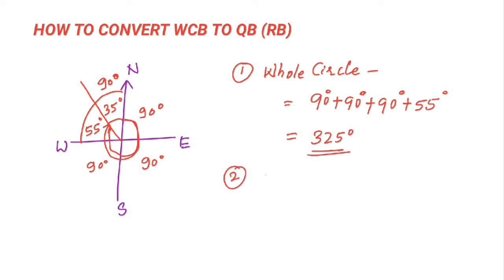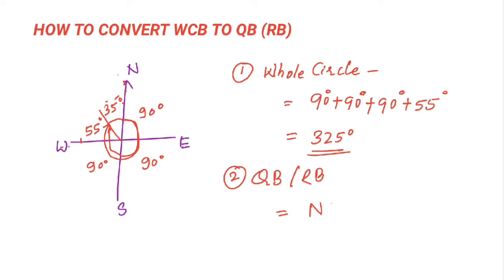Whereas second one, the quadrantal bearing system or the reduced bearing system, it will be written as I said, with respect to north and south we need to consider. That means in the quadrantal bearing system we will be writing north, it is in between north and west, from here to here north and west.